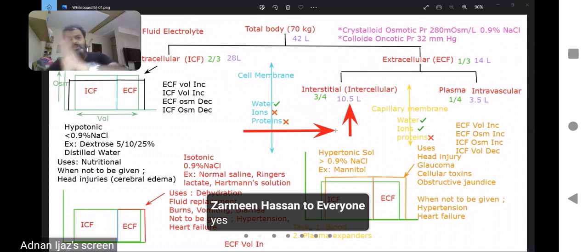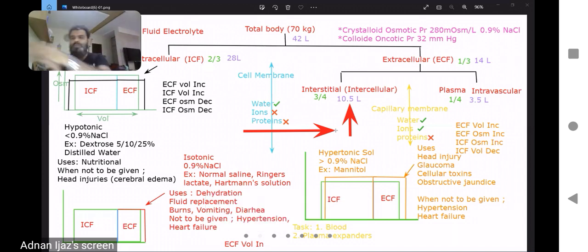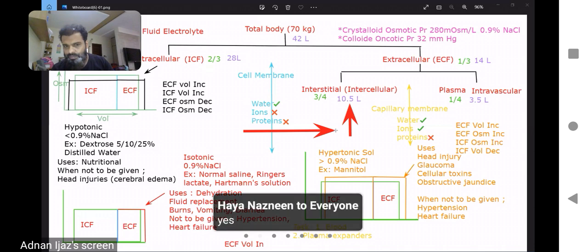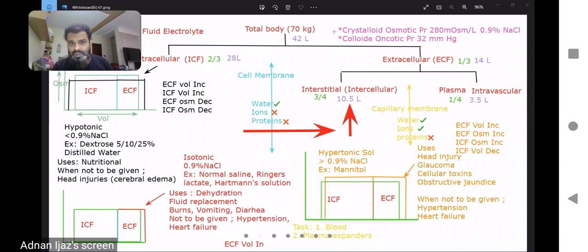Because the extracellular space has increased osmolarity, water from inside the cells will move outside. Clear? Now, this will cause a further increase in this volume. This volume will even further increase.